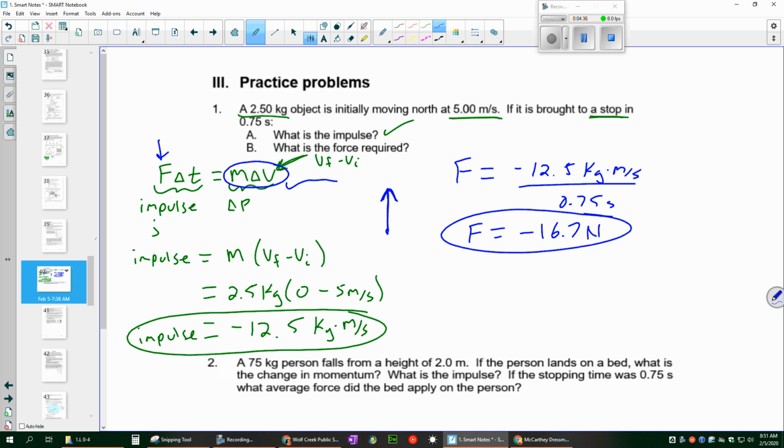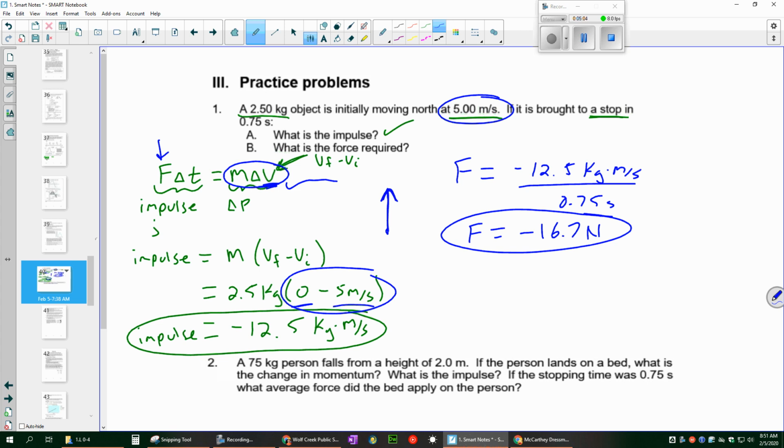And if you had just called 5 meters per second your V there, you would have got a positive number, because we went 0 minus 5 to get that negative. So it is important to write it out like that to get the negative, because one of your answers on multiple choice would have had positive 12.5. So be careful on that.